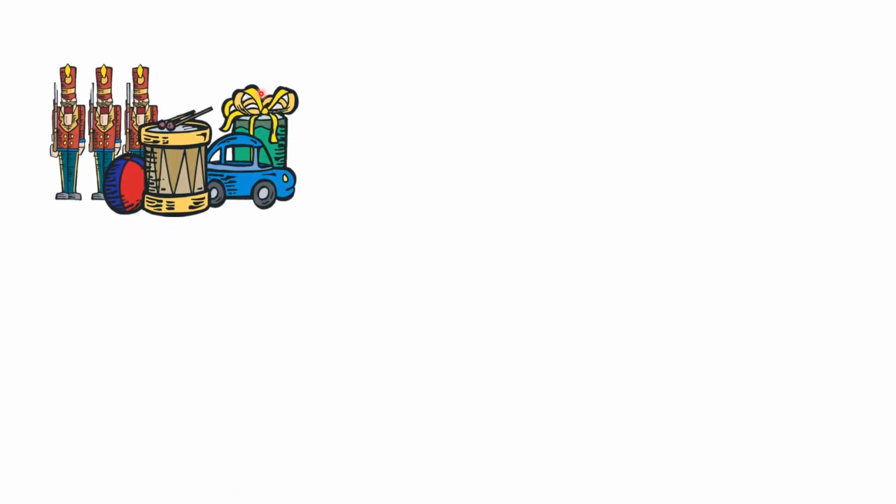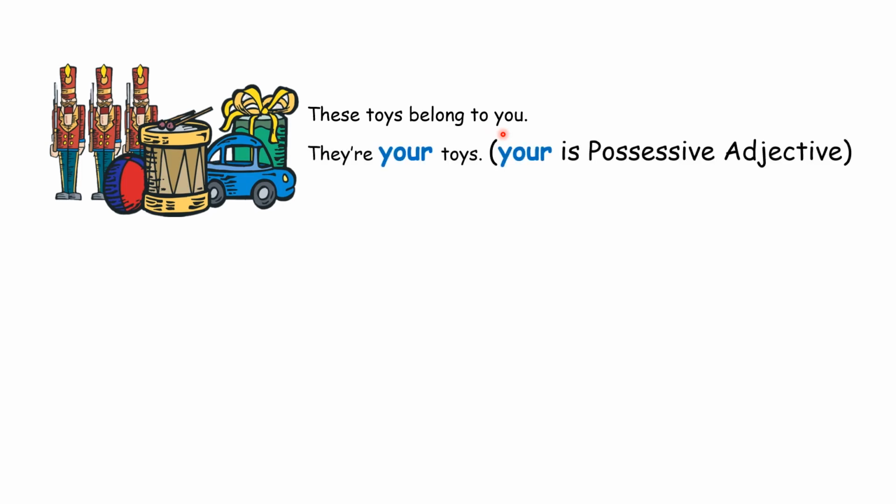Now let's have a look at the last example here. This is a picture of toys. These toys belong to someone else. And let's say we want to tell that someone else that these toys belong to him or her. We can say, "These toys belong to you." Or we can also use the possessive adjective by saying, "They're your toys."